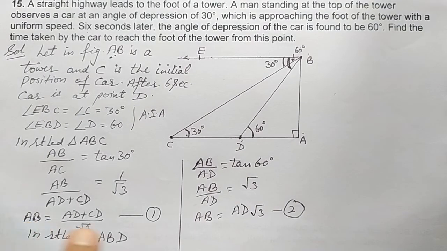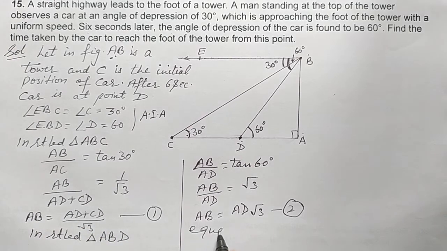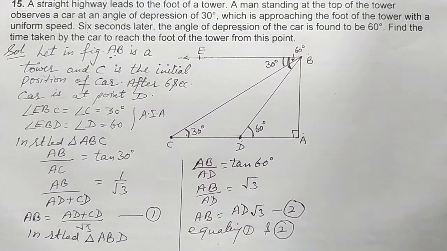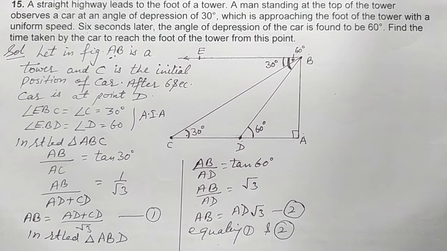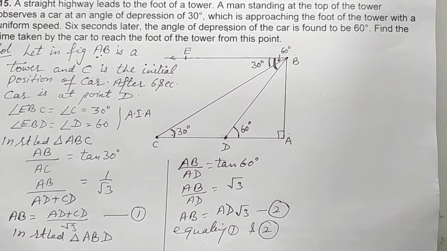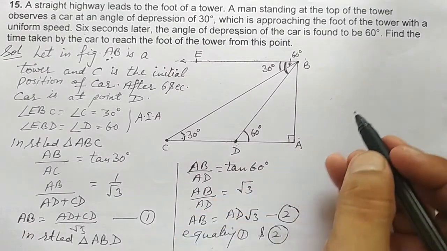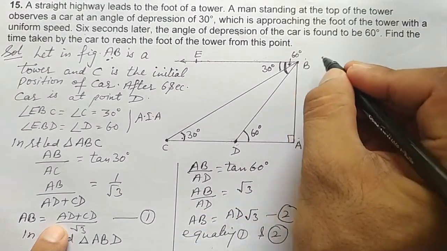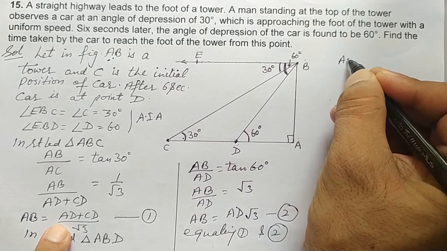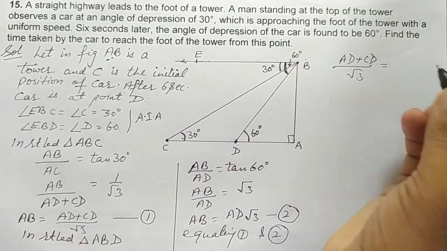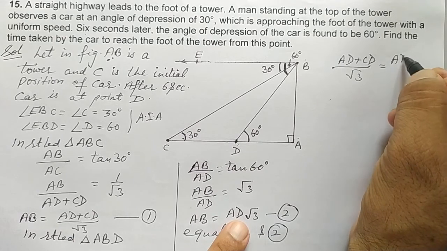So equation 1 and equation 2 both are AB. We can equate these equations. So we'll write, equating 1 and 2: (AD plus CD) over root 3 is equal to AD root 3.